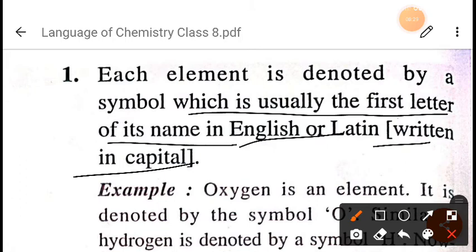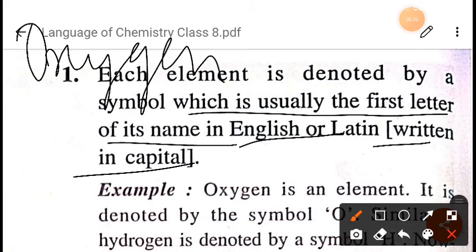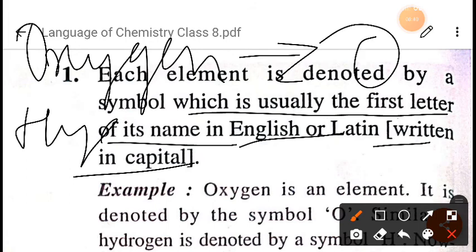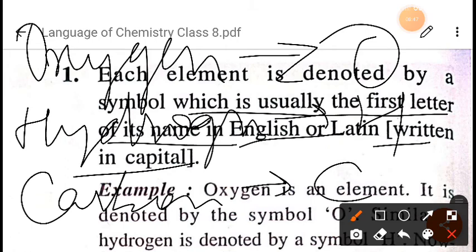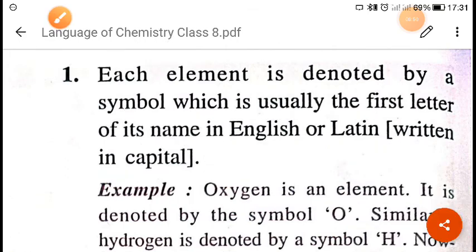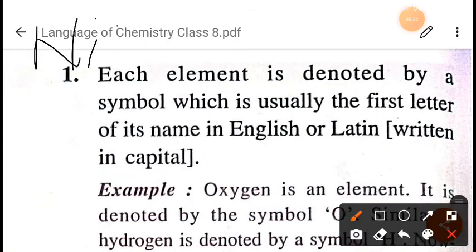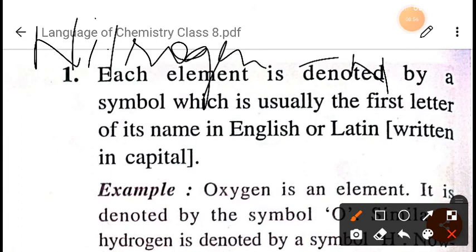For example, oxygen was given the symbol O, hydrogen was given H, carbon was denoted by C, and in the same way nitrogen is denoted by N, and so on, right?